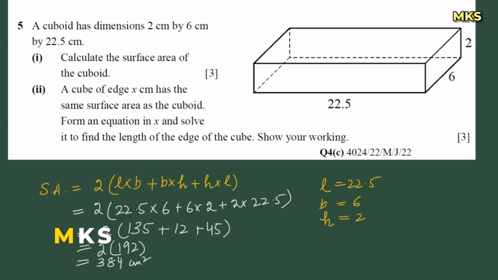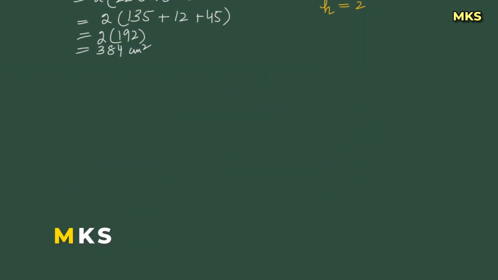Now part B is the cube. A cube of edge x centimeter has the same surface area as the cuboid. Form an equation in x. We know a cube has all its edges equal.